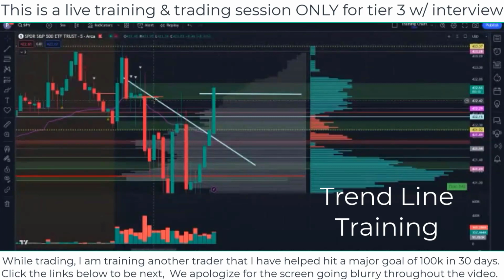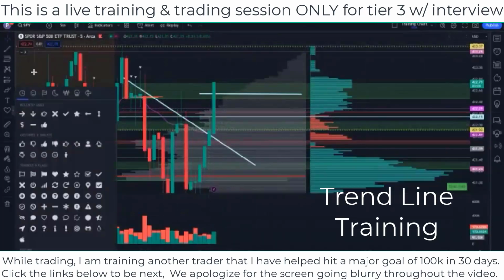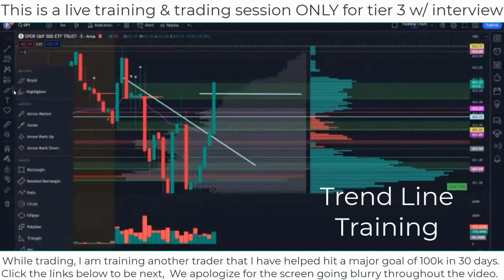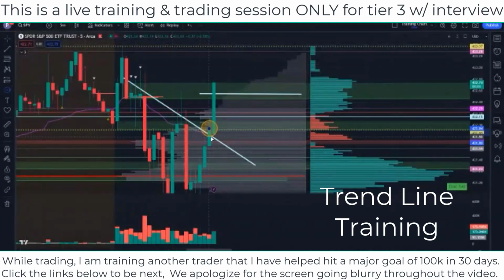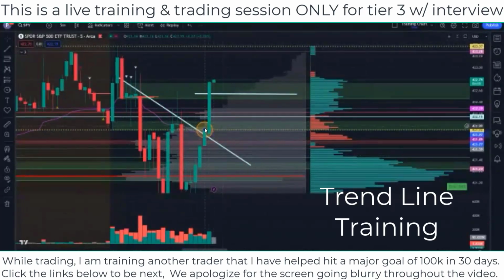So with that being said, when this thing breaks past this area, that's when I'm looking to get engaged. I think that this area here is an area where I will see a shift in volume. And obviously you get a shift in volume.